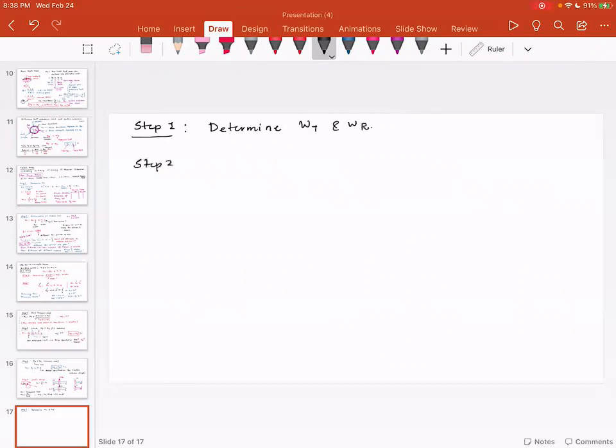Step 2, draw the configuration free body diagram, and that depends on whether you have a simply supported shaft or a cantilevered shaft.